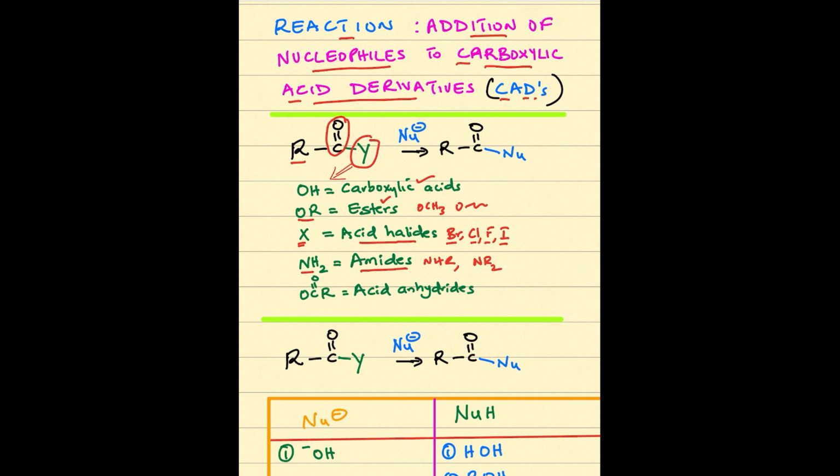If Y is OC double bond OR, that's called a carboxylate group, then that is called acid anhydride. So for example, you have RC double bond O, and then the Y now is OC double bond OR. So that's acid anhydride.